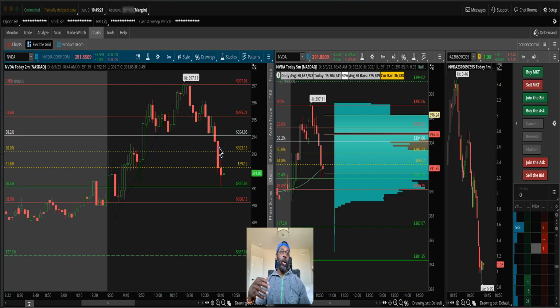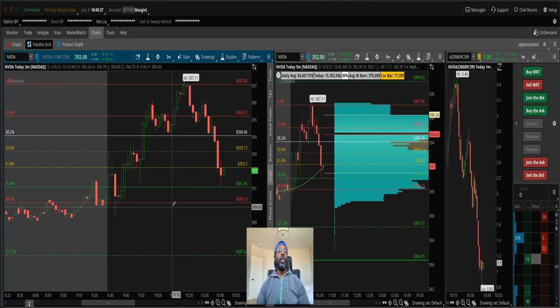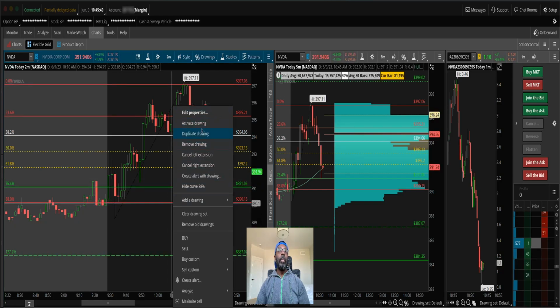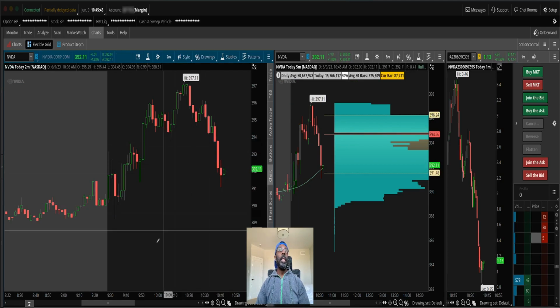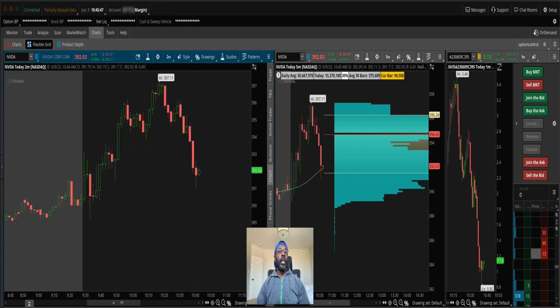You can look at how it moves up, how it moves down, how it hits those Fibonacci numbers, the price points, how it retraces 30, 32, 38, 50%, 60%. Look at where it retraced back down to, right? That's a beautiful move on Fibonacci as well. So let me just remove that because I don't want to get too deep into Fibonacci. So there it is, right there in a nutshell.